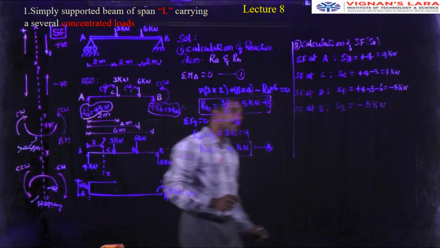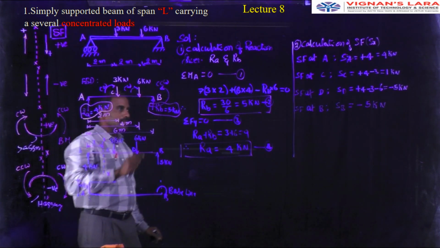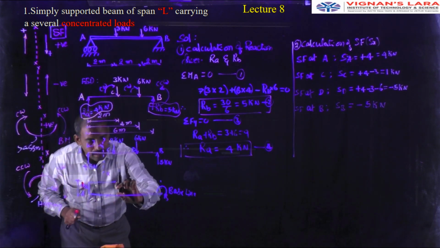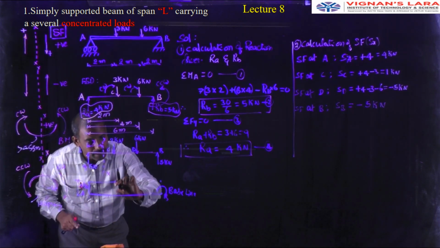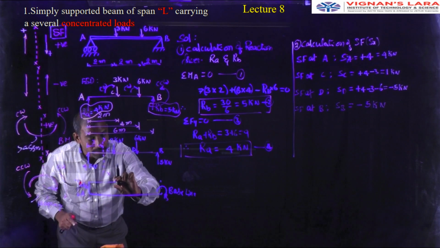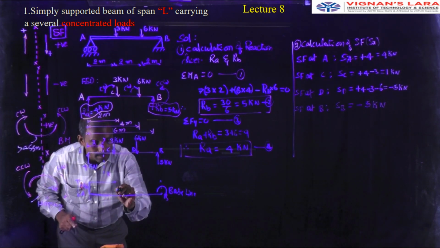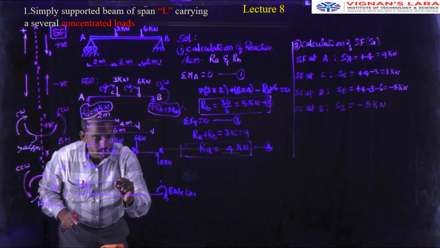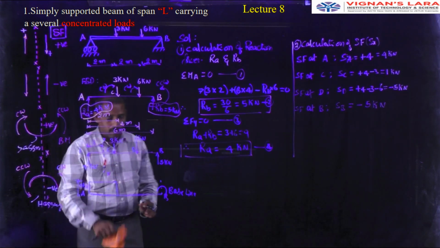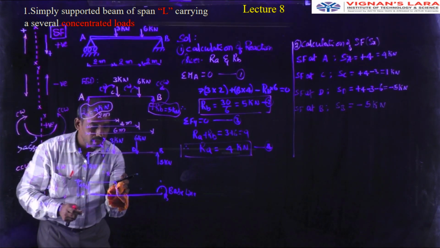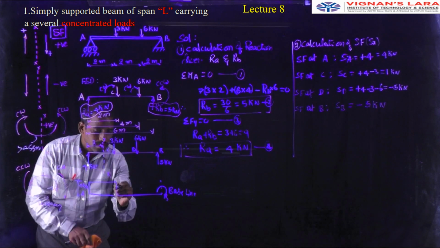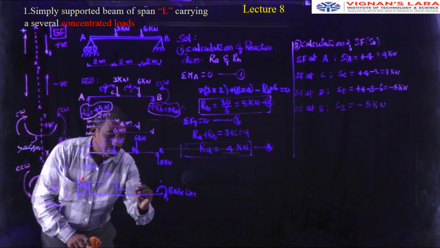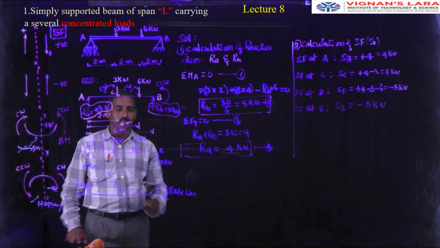It is 1 kilonewton, that is positive. Always measure the 1 unit from the baseline, not from the above point. Here you must remember, again it is constant up to D.